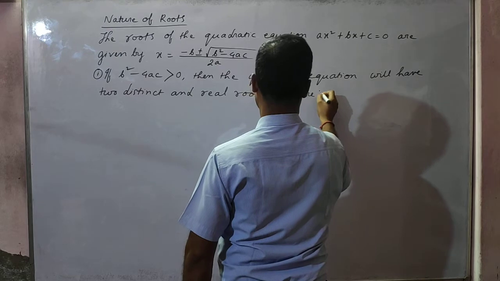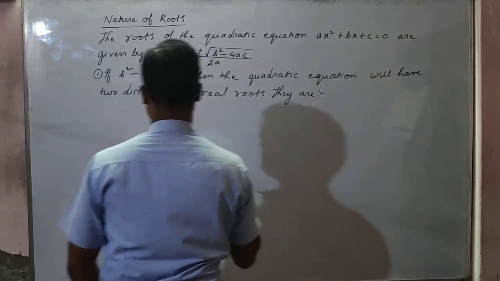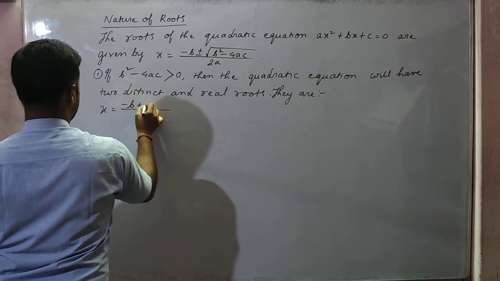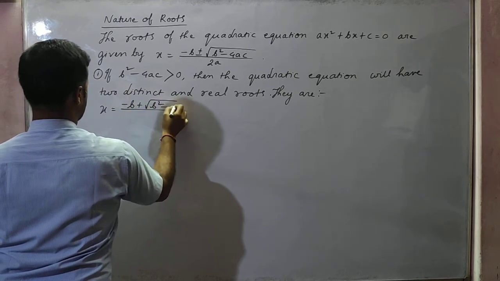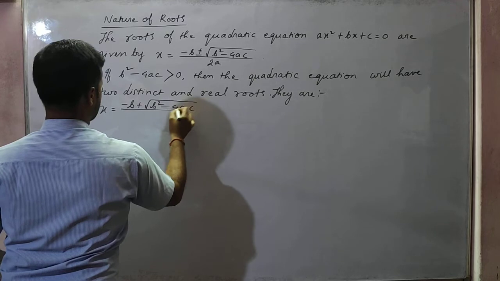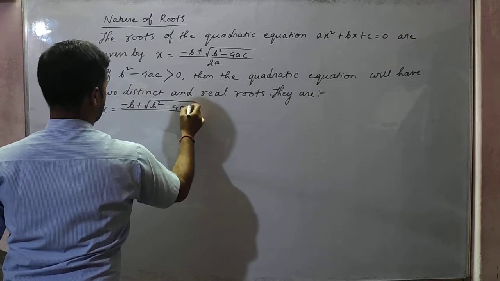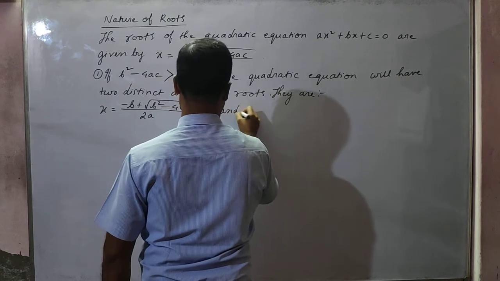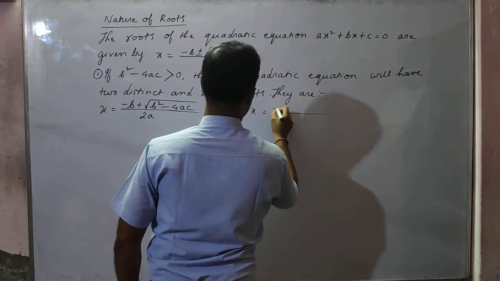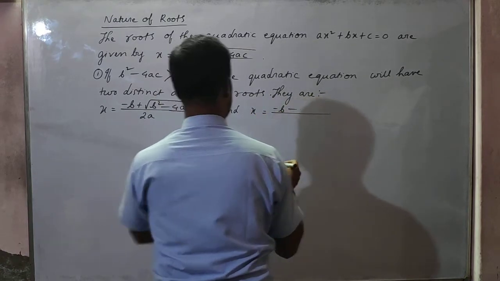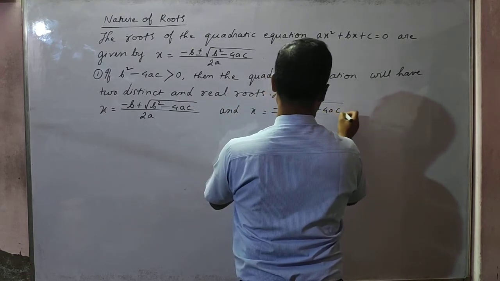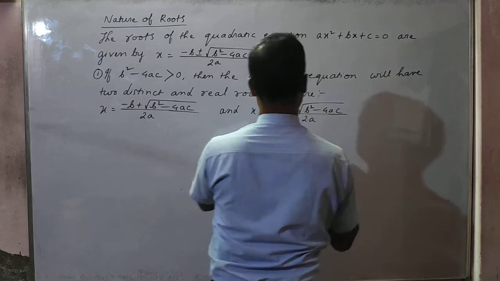They are x is equal to minus b plus root over b square minus 4ac by 2a, and x is equal to minus b minus root over b square minus 4ac by 2a.